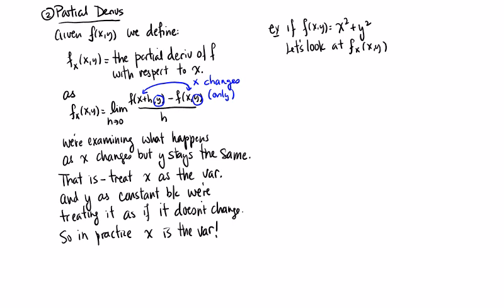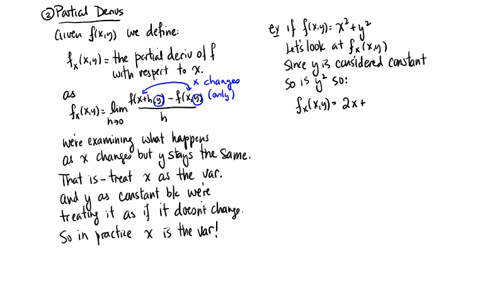In that case, y is treated as a constant, considered constant for the purposes of this derivative. Y squared is also constant. So when we take this derivative, we take the derivative of x squared, and that's 2x, because x is a variable.